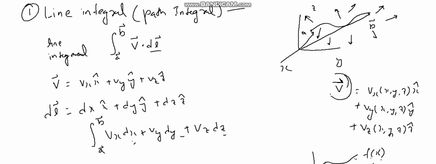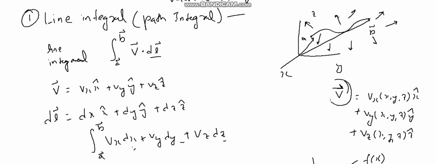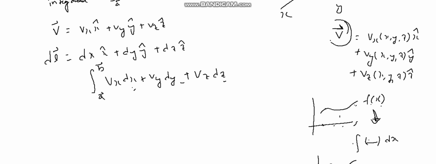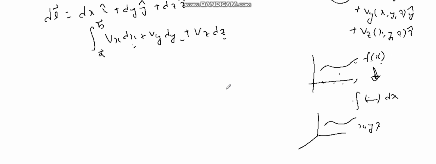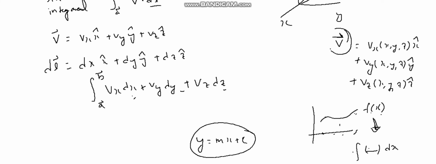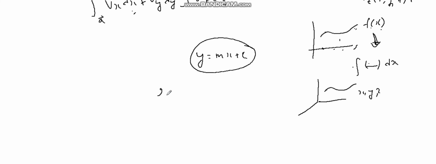So how will we solve this? It can be solved because the curve itself has an equation. A curve in two dimensions can be represented by y equal to mx plus c, but we are not going to do this at this time. What we are going to do is take a parameter which defines this curve, and write the parametric equation of the curve.